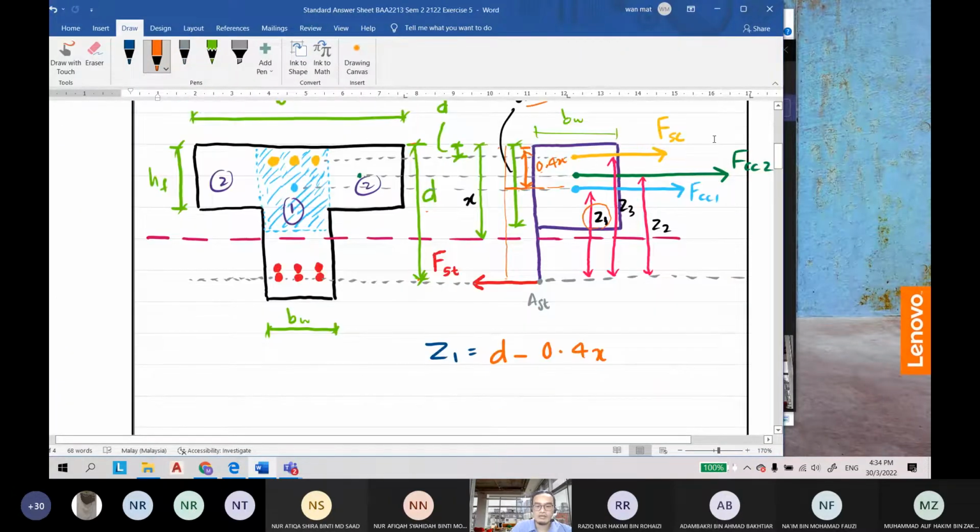It's all about the distance. The distance from the top to the center of steel at the bottom is D. So D minus 0.4 x gives Z1, because the center here is 0.4 x. And then Z2 is equal to, anybody can tell me what is the value of Z2?